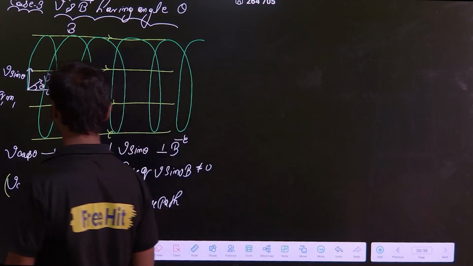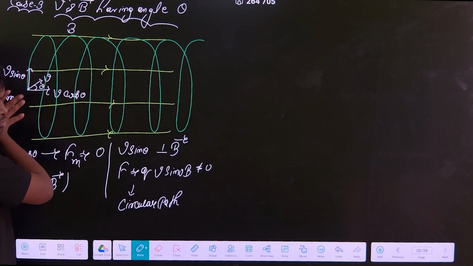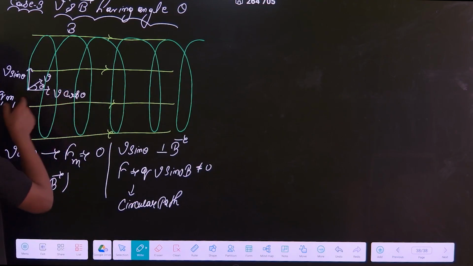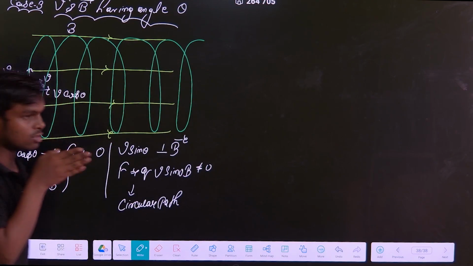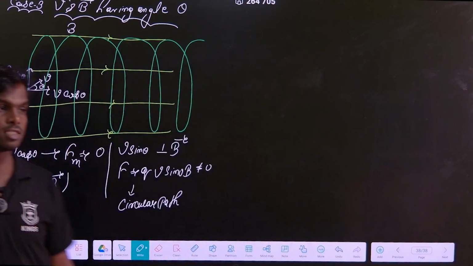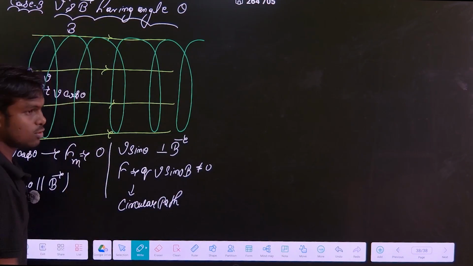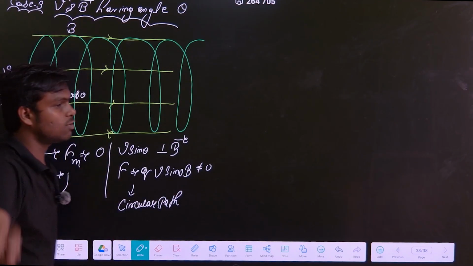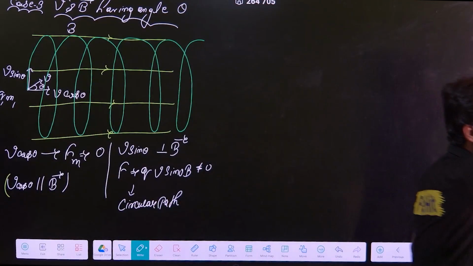Which velocity allows it to move in the forward direction? That is v cos theta. V cos theta is taking it in the forward direction, and v sin theta is making the circular motion.